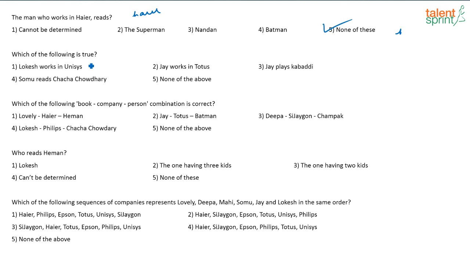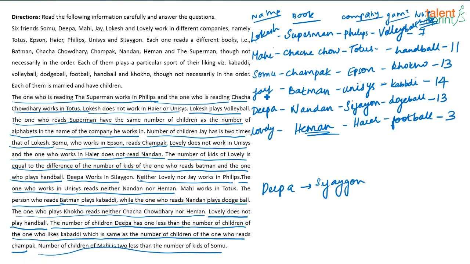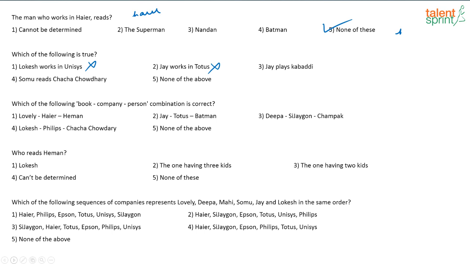Lokesh works in Unisys. No, Lokesh works in Philips. Jay works in Totus. No, Mahi works in Totus. Somu reads Chacha Chowdhury. Jay plays Kabaddi. Yes, Jay plays Kabaddi is correct. Somu reads Champak, so that is wrong. So this is the answer that you are looking for.